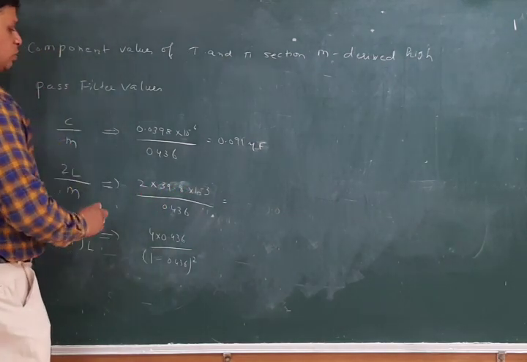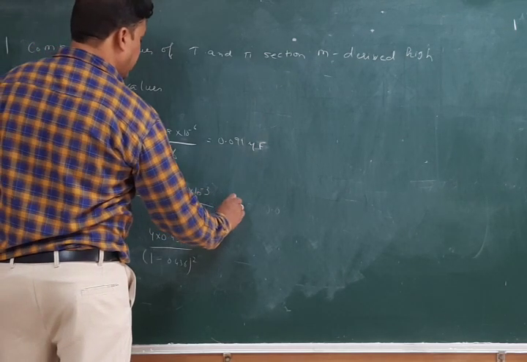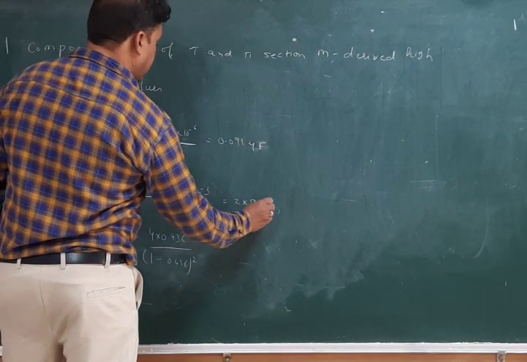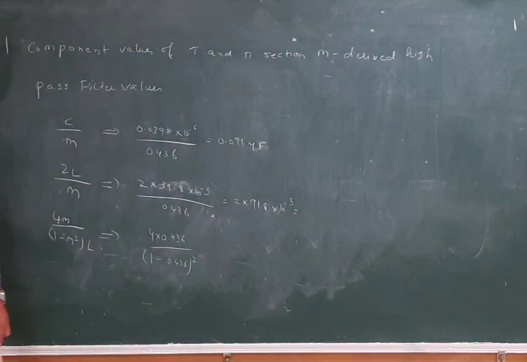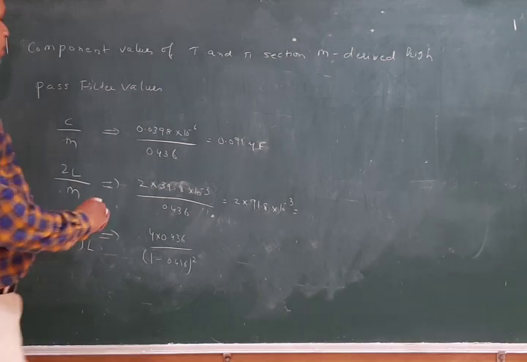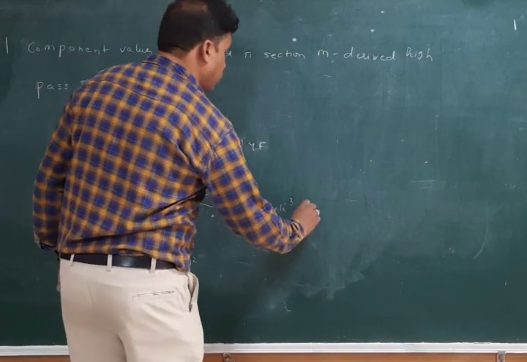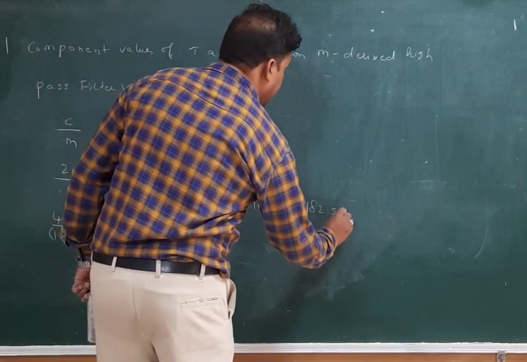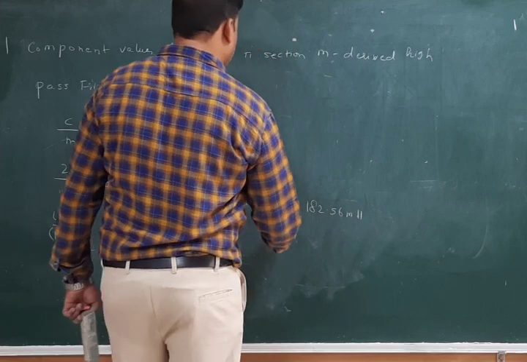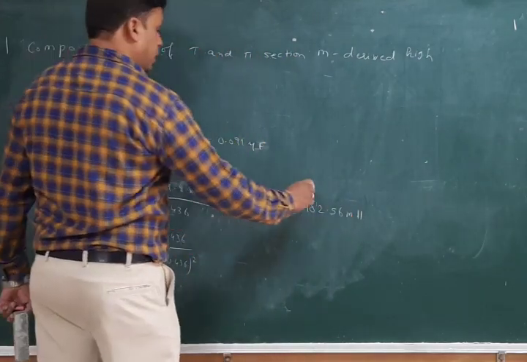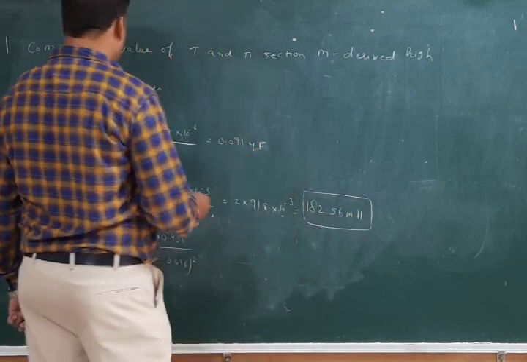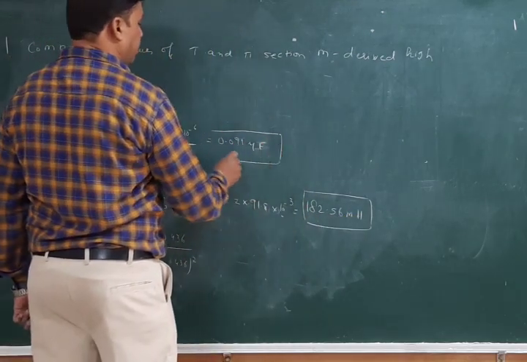After dividing, it becomes 2 into 91.8 into 10 power minus 3, and your value will be around 182.56 millihenry. So you can write the 2L by m value as this, as well as 0.091 microfarad.